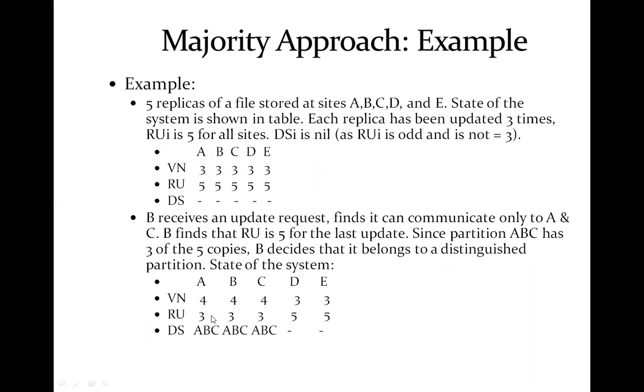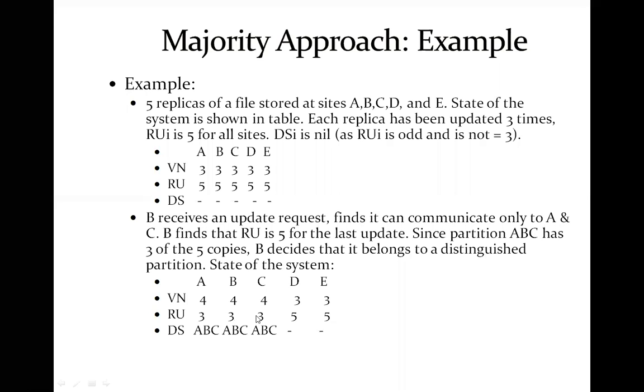So it will find that the latest version available with B and C is 4. And the number of replicas which were updated and stored at site B and site C is 3. So the latest version is 4 and the number of replicas updated is 3.